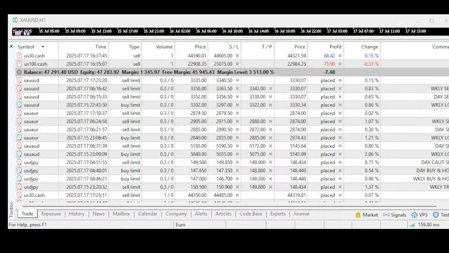Okay, I want to go for a sell on the pound at 48, then put a stop at 54.